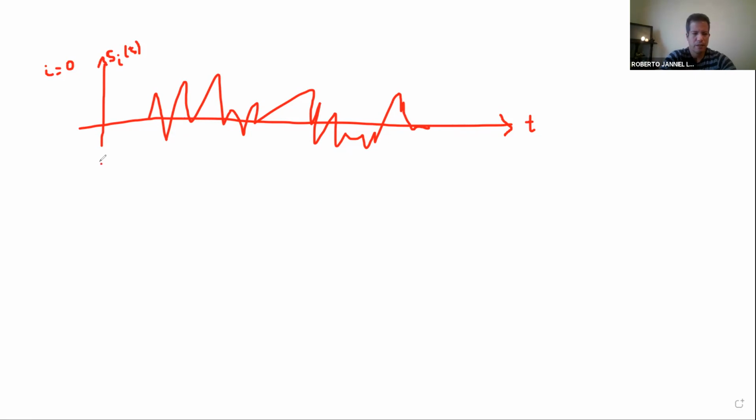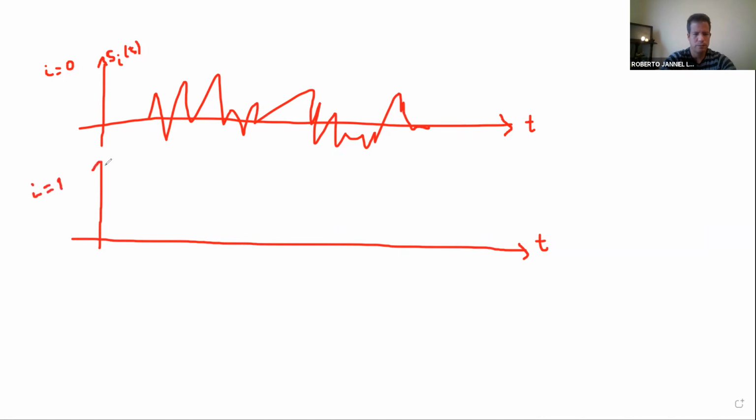Now, if I transmit a second time, like this, this would be for I equal to 1. I really don't know, I will get something, and again this is just gibberish, it really doesn't matter.